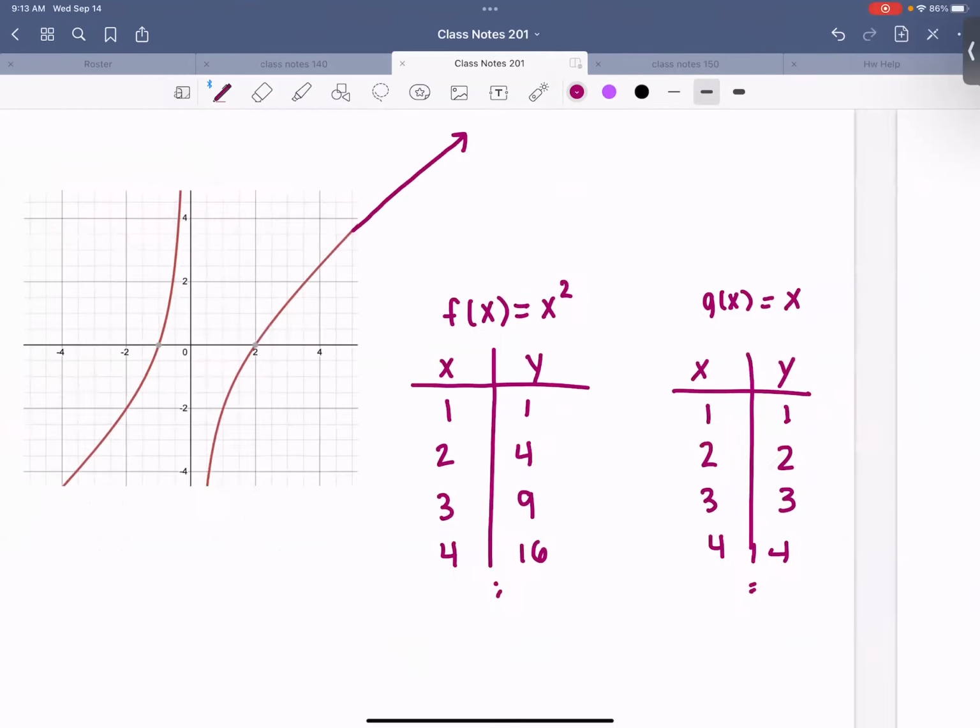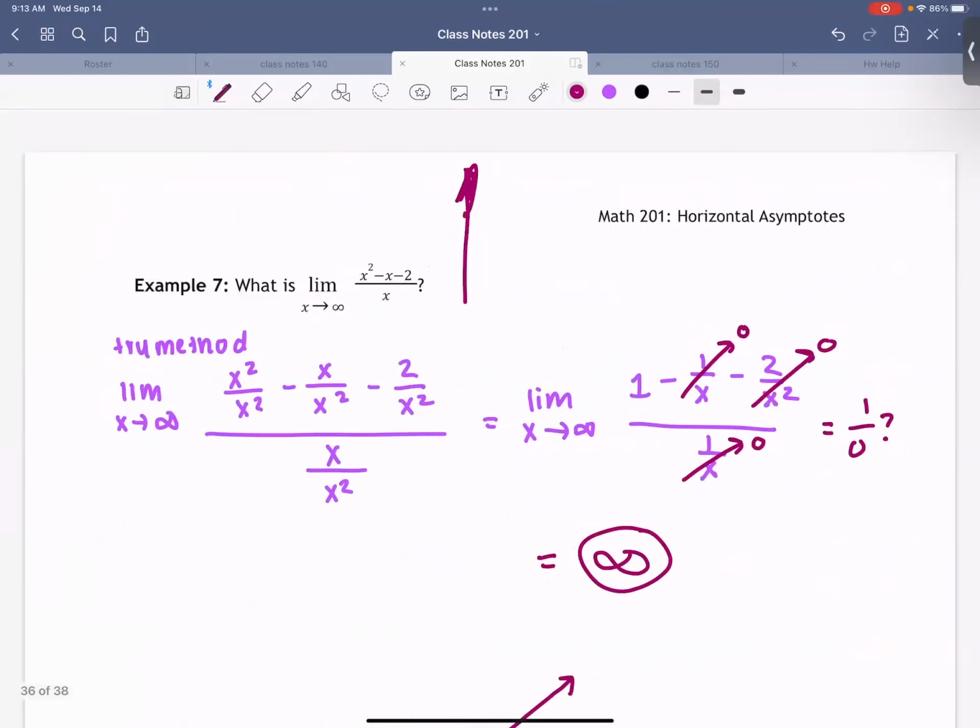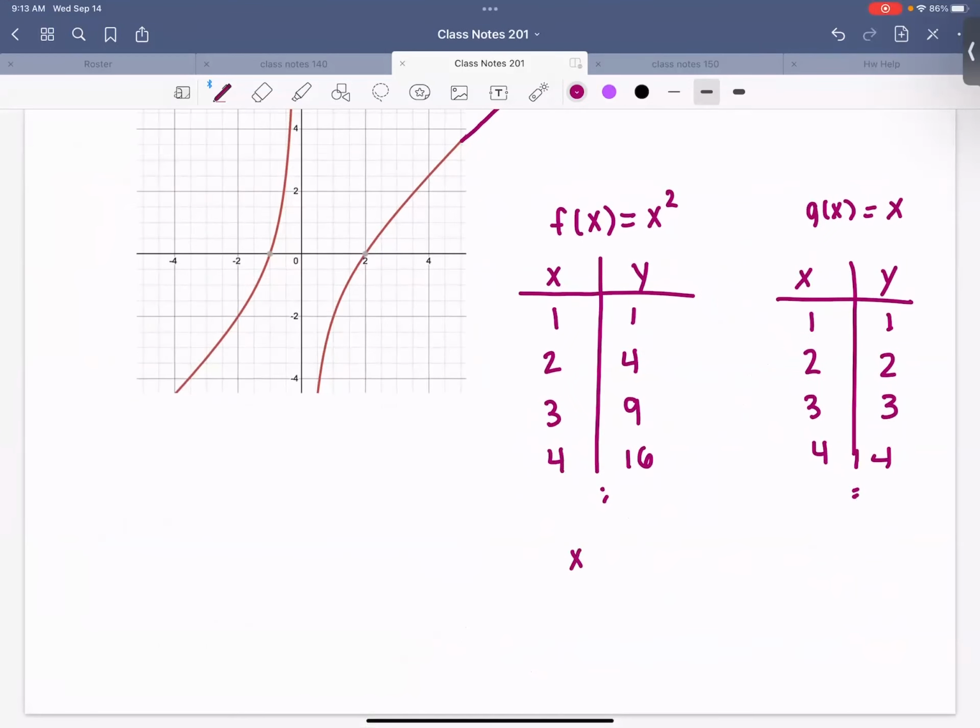Yeah, right? So if I take something where I have an x squared on top with a bunch of other stuff, and there's an x on the bottom, the numerator is increasing much, much faster than the x on the bottom. So the numerator is increasing really fast, and in the denominator, it's increasing, but not as fast, so a slow increase.